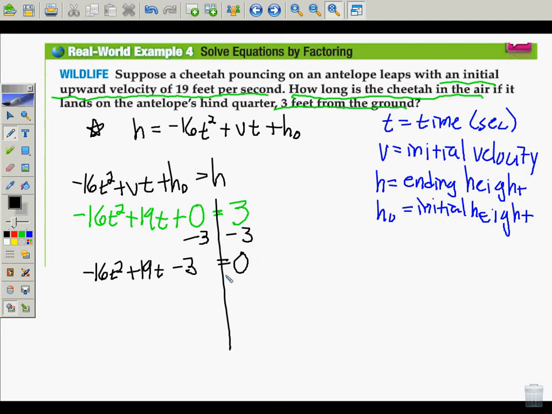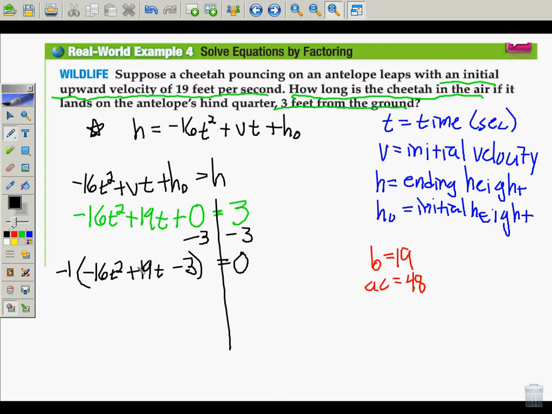So now I need to find how to factor this. Well, if I look, I know b is going to be 19 and a times c equals 48. Okay? And actually, one thing you can do, we have this negative in front of everything. You can multiply each side by negative 1 if that would make it easier for you.